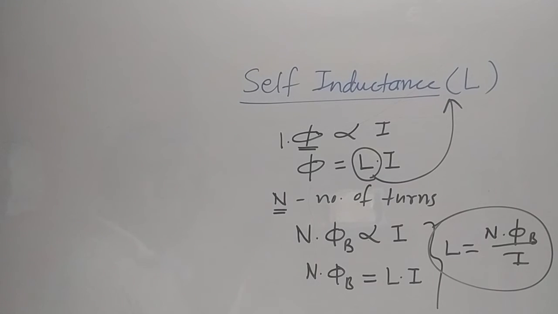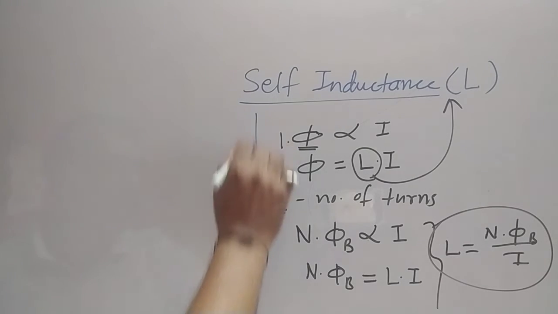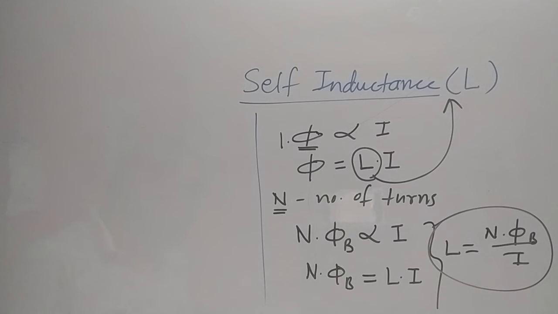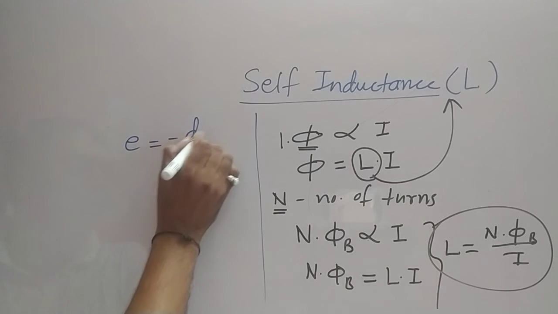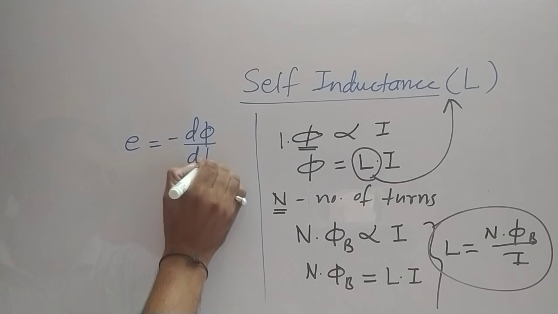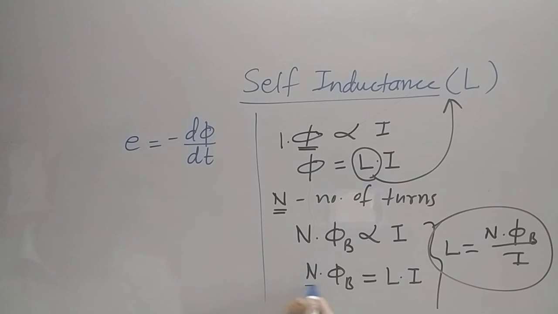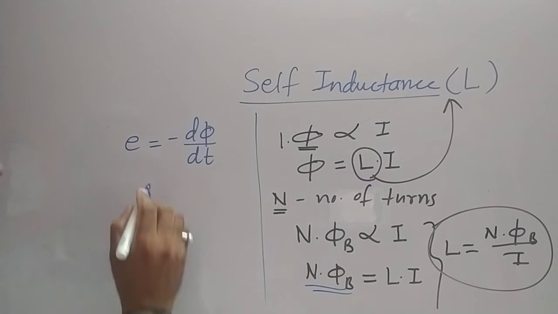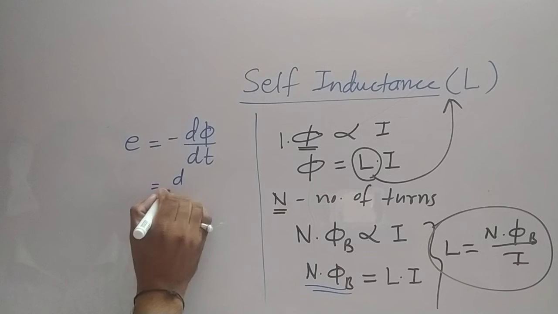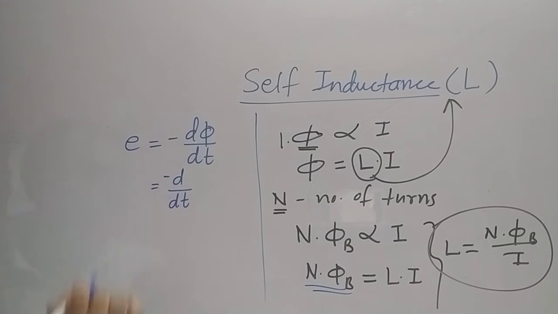Now, according to Faraday's law, whenever EMF is induced, how much EMF gets induced? E equal to minus d phi by dt. Put the value of phi as this one and solve it further. So we get E equal to minus d by dt of phi.